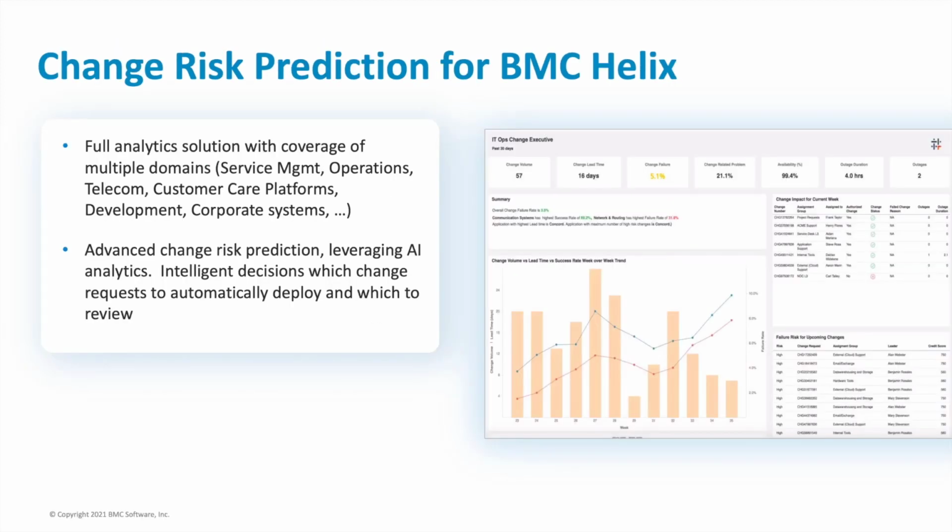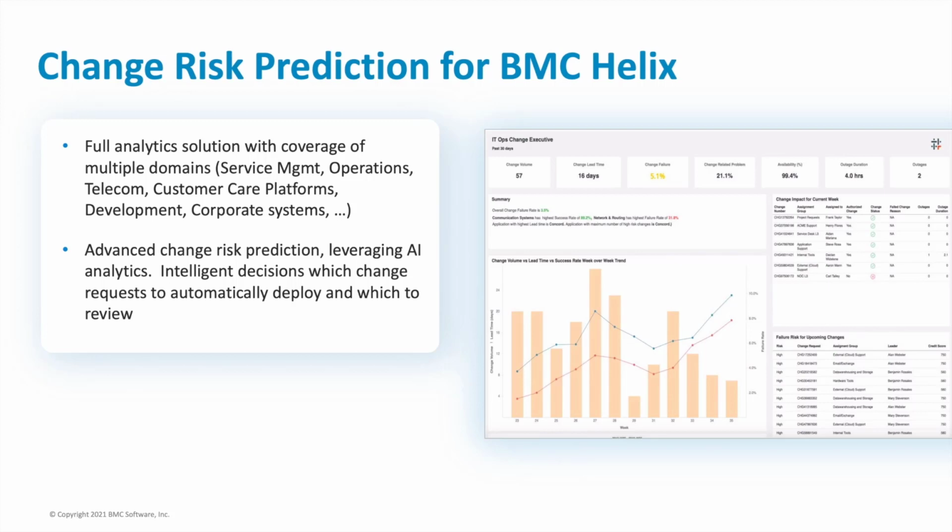Now again, integration between ITSM and the development systems, it's not the only capability that we have here in support of DevOps success here, but we continue to offer and collaborate with partners here around a more advanced change risk prediction capability.